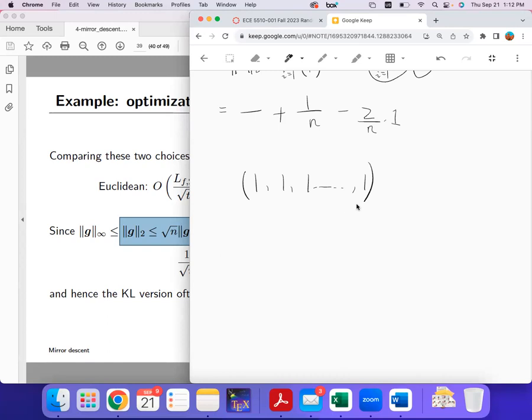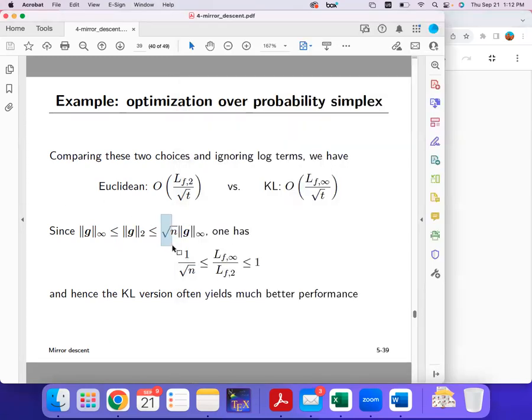So square root of n versus 1 is a huge difference. That's why here we have the square root of n. And this inequality basically says that the ratio between infinity and L2 norms can be as small as 1 over square root of n.